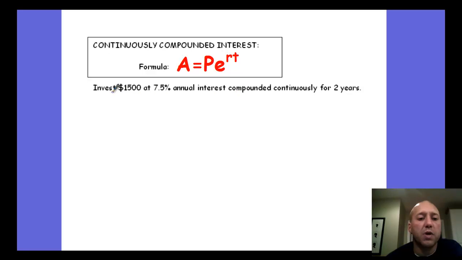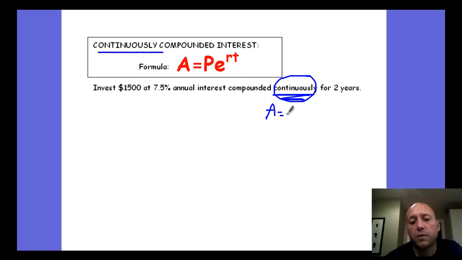In this problem, we invest $1,500 at 7.5% annual interest compounded continuously, and that's the key word, for 2 years. As soon as you see compounded continuously, then you use the continuous compound formula. If we said compounded quarterly, we're using the formula from the previous day. So that wording tells me I have to use PERT.